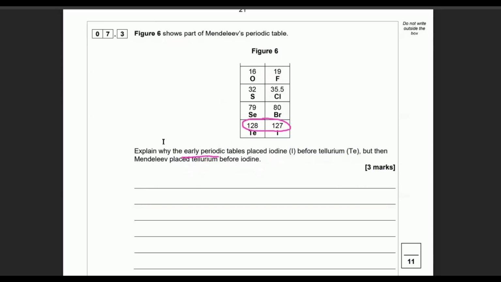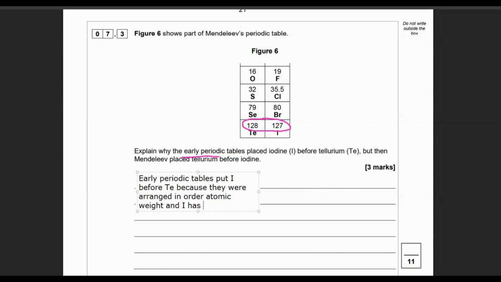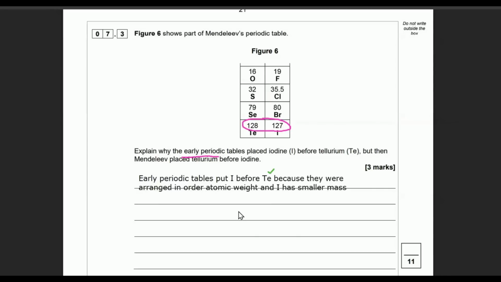The first point is early periodic tables put I before Te because they were arranged in order of atomic weight or mass, and I has smaller mass. Essentially, I've longed that out. You just needed to say because I has a lower mass.